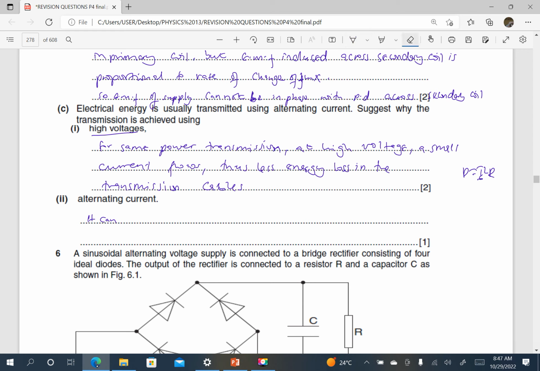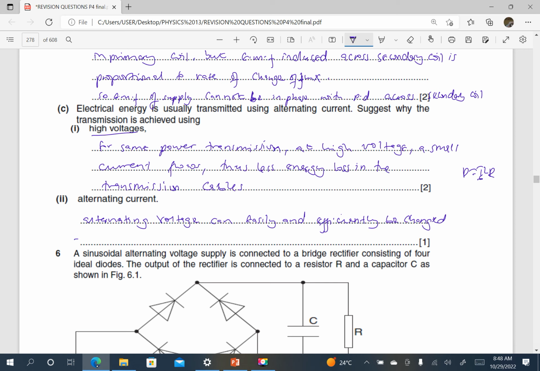Alternating voltage can easily and efficiently be changed, of course, by transformers.